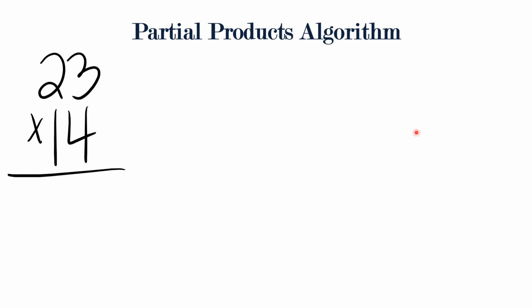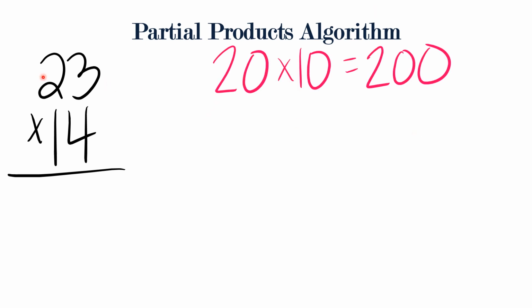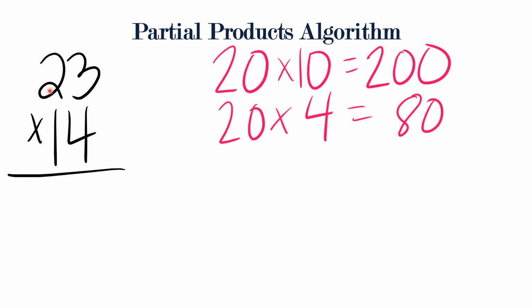All right, so here we go. We're going to start with 2 times 10. Excuse me, 2 times 1, which is really 20 times 10. 20 times 10 is 200. Then we're taking 2 times 4. It's really 20 times 4, which is 80. Then we're turning the tables. We're starting with the 14 here. We have not done 10 times 3 yet, so we're going to do that. 10 times 3 is 30.